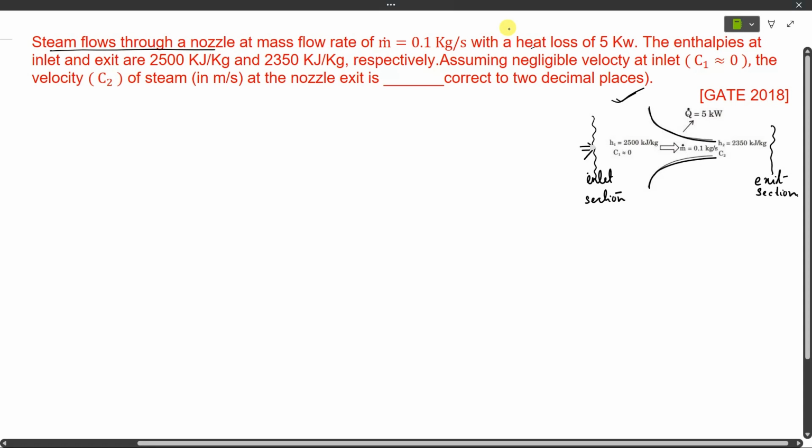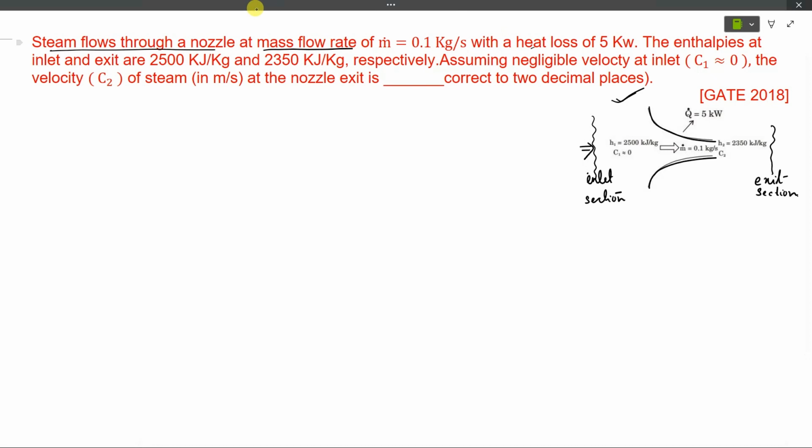Here it is mentioned that the mass flow rate, that is m dot, is equal to 0.1 kg per second. This is also shown in the diagram. So let's write down the data given. The first data is m dot equal to 0.1 kg per second.